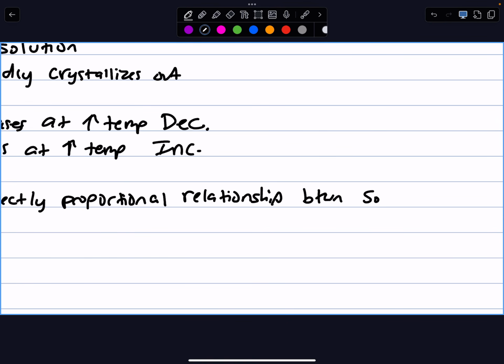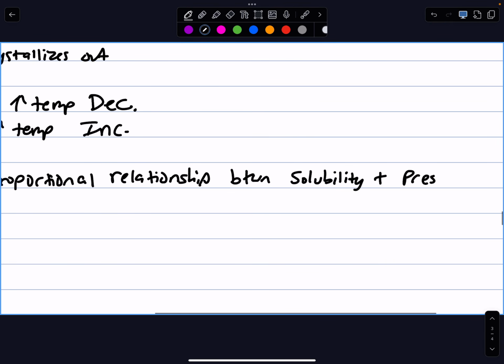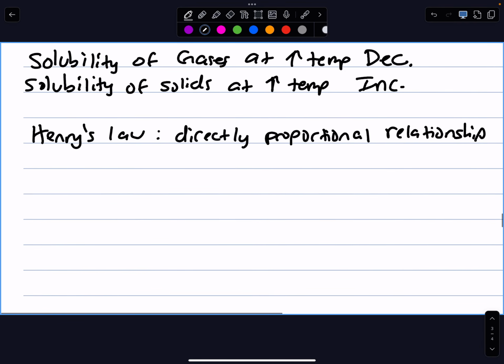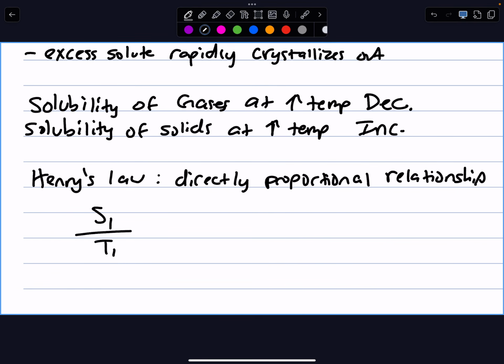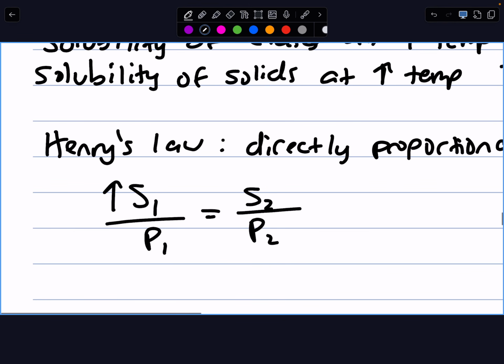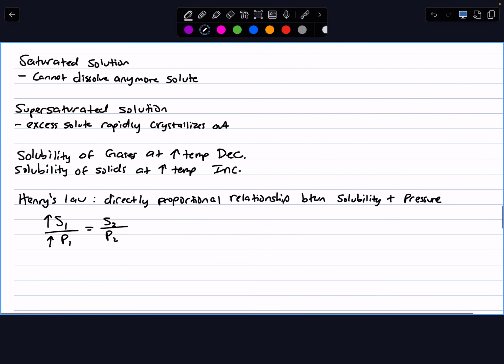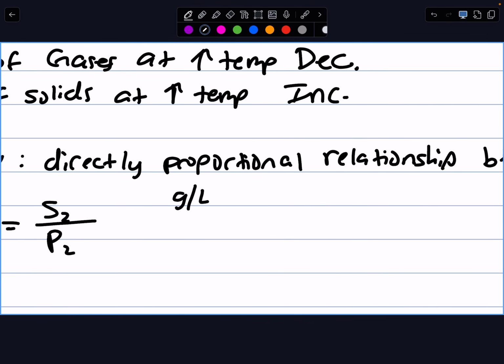So S1 over P1 equals S2 over P2. If the solubility increases, the pressure increases, correct? Yes, direct. And then solubility is measured in grams per liter, or it can also be moles per liter. Does that make sense? Okay.